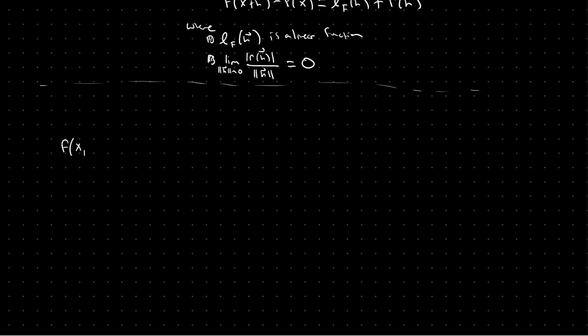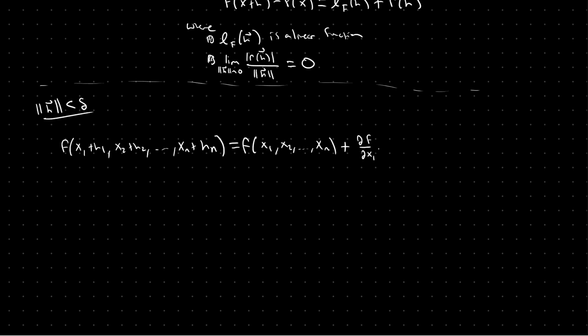So for small values of whatever norm we're using in R^n, less than delta, we have that f of x1 plus h1, x2 plus h2, all the way up to xn plus hn will be equal to f of x1, x2 up to xn, plus the partial derivative of f with respect to x1 times h1, plus the partial derivative of f with respect to x2 times h2, all the way up to the partial derivative of f with respect to xn times hn, plus some remainder term that depends on each one of these h1 through hn.